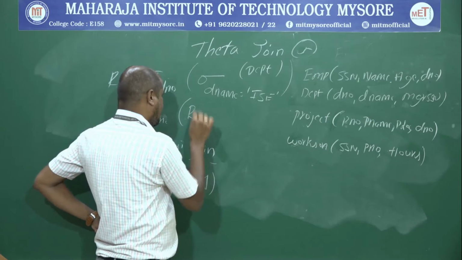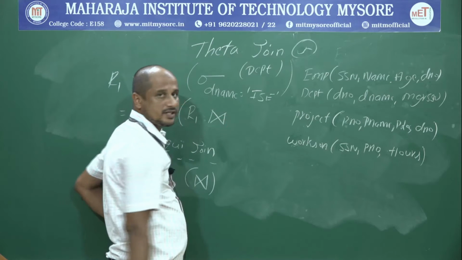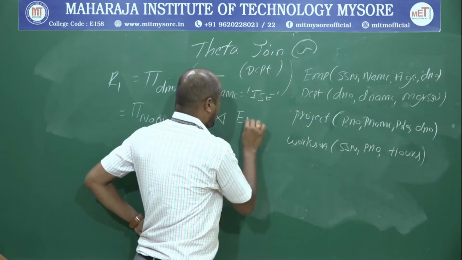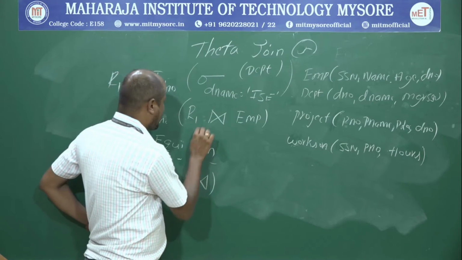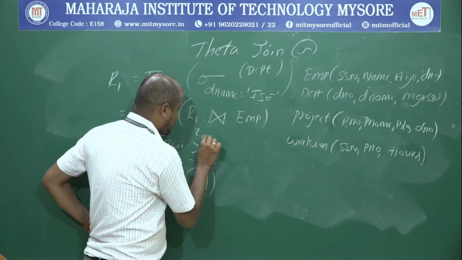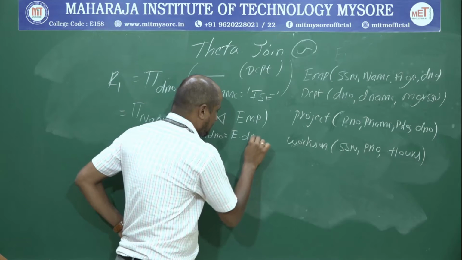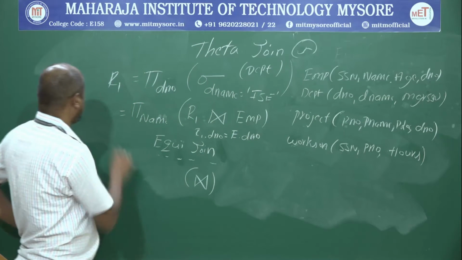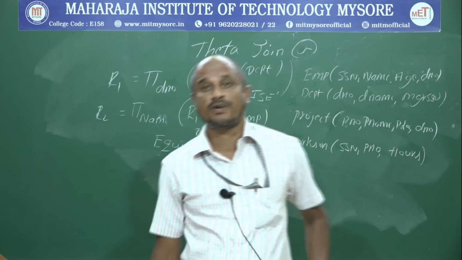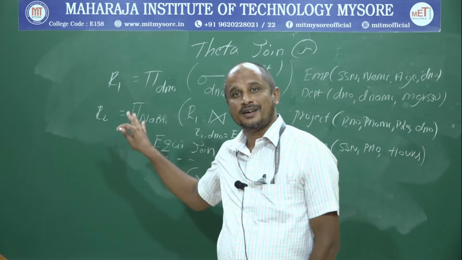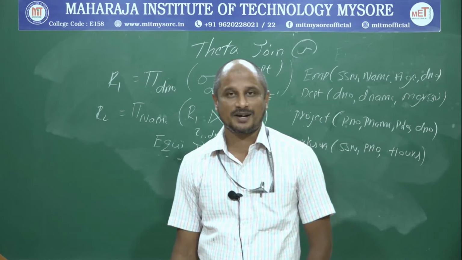So R1 contains the D number, which equijoins with the employee table: R1 D number joins with E dot D number. That is R2, so R2 is a relation, and the final result R2 contains the employee names who are working for the ISC department.